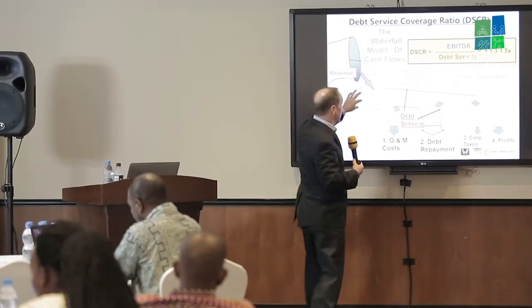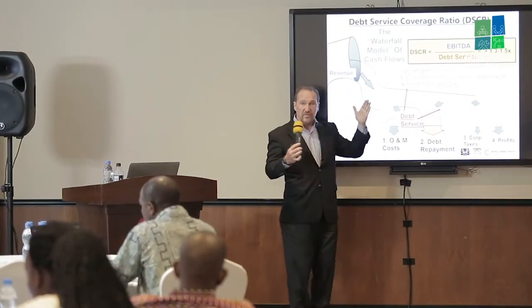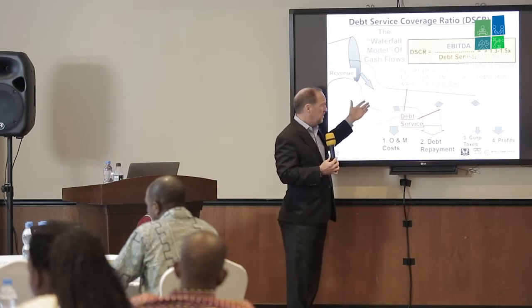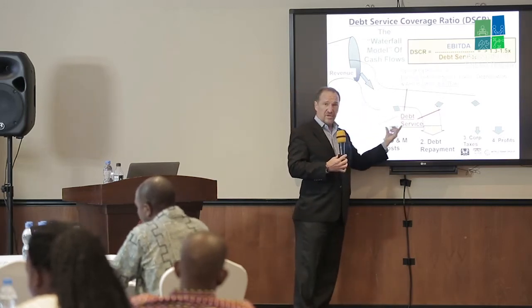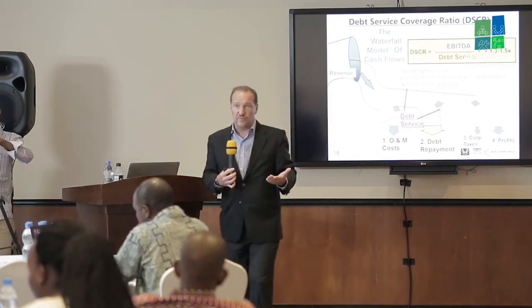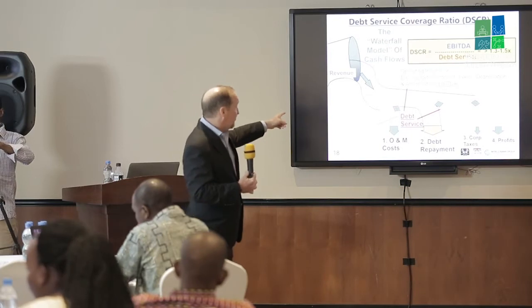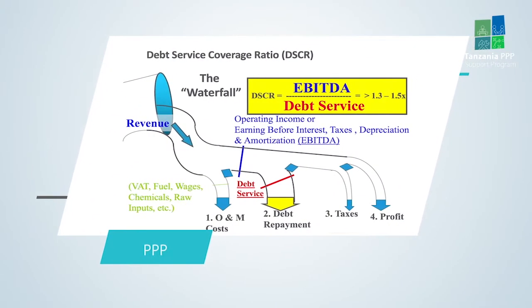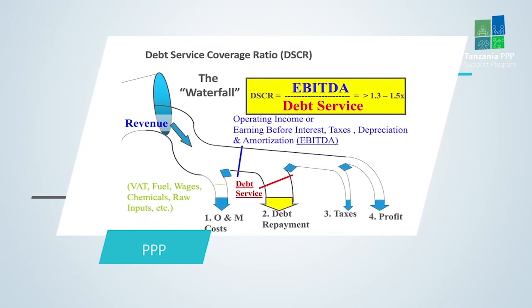Maybe it's a reduction in revenue. Maybe we were counting on revenue of one level and actual revenues are 10 or 20% smaller. Or maybe our O&M costs have increased. Or maybe there are other risks affecting the project that could affect the ability of the project to service its debt. And this is why lenders are looking for that margin.